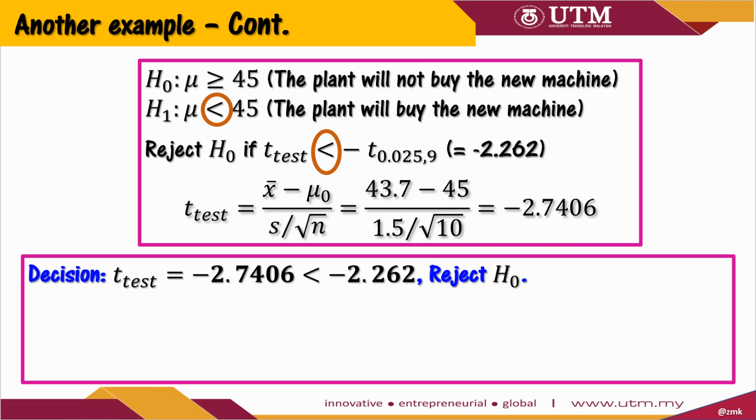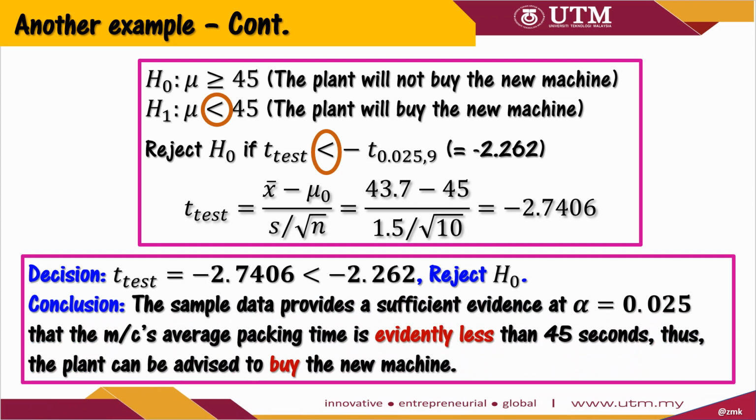When we reject H0, we can conclude that the sample data provides sufficient or strong evidence at the level of significance alpha equal to 0.025 that the average packing time is evidently less than 45 seconds per carton. Therefore, the packing plant can be advised to buy the new machine.